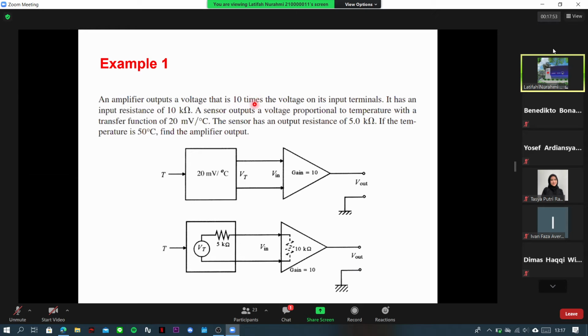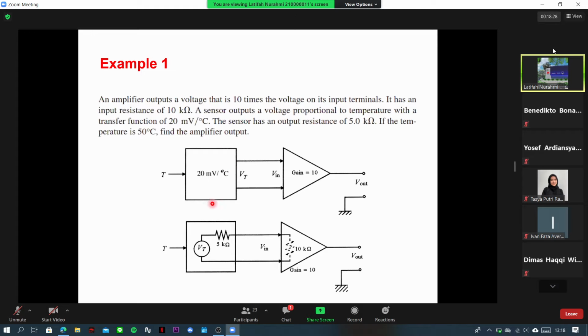Now if we draw the diagram, it would be this simple. This is the simplest diagram. We have the sensor, and the sensor outputs a voltage proportional to temperature. It has a rate, a change of volt per degree Celsius.